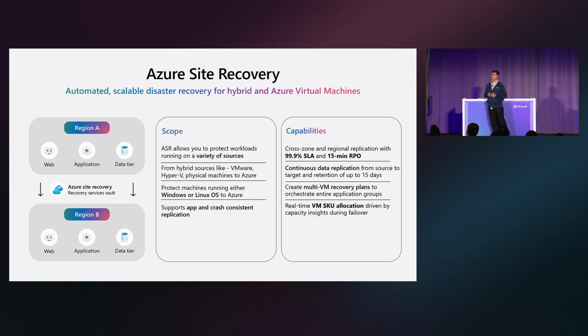Today, Azure Site Recovery allows you to enable region A to region B moves for virtual machines. We also support any kind of hybrid scenario. If you're on-prem, either VMware or physical machines to Azure. Again, as I said, from an operating system standpoint, Windows and Linux are both supported. We support app and crash consistent replication.